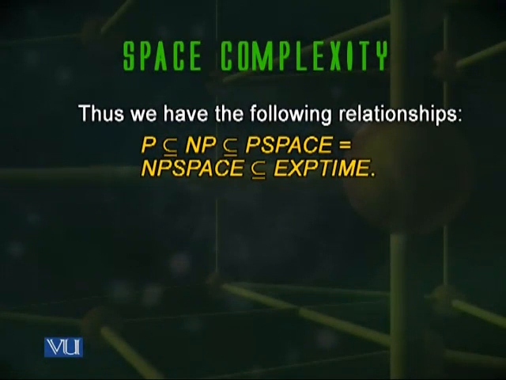It says that PSPACE is equal to NPSPACE. First, why is it that PSPACE is contained in NPSPACE? That's once again trivial. Every deterministic polynomial space algorithm or polynomial space Turing machine is also a non-deterministic polynomial space Turing machine. But why is it that the reverse containment also holds?